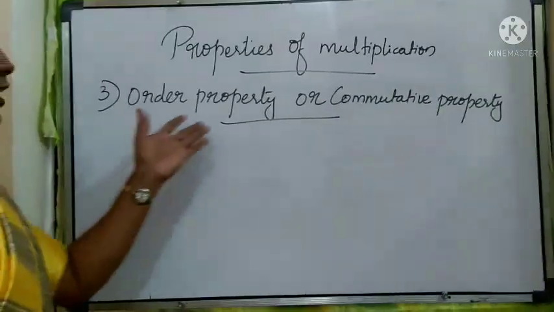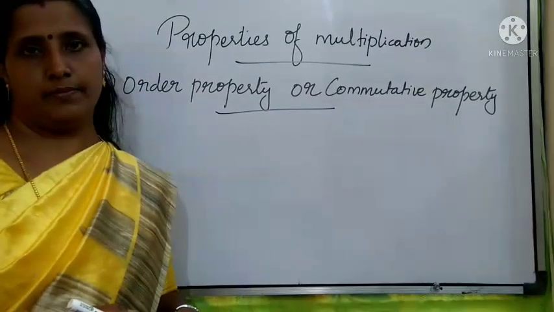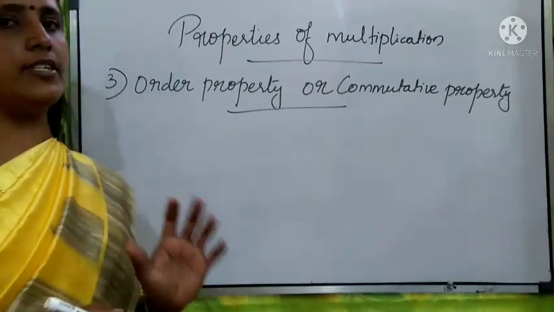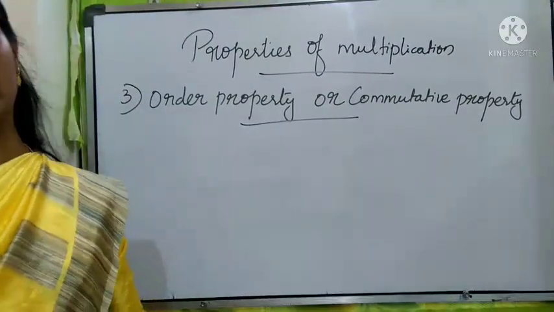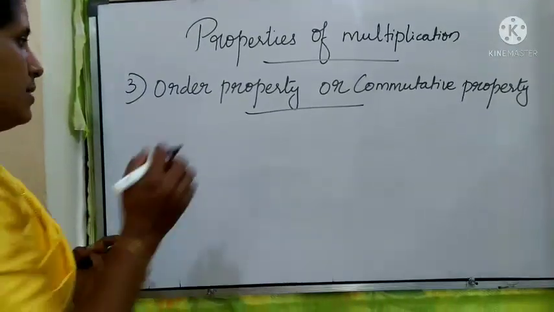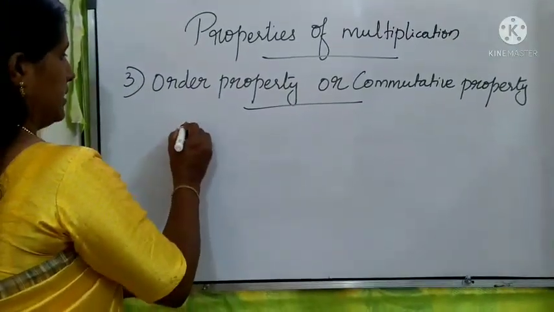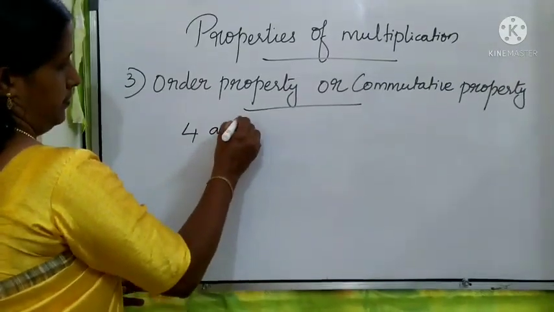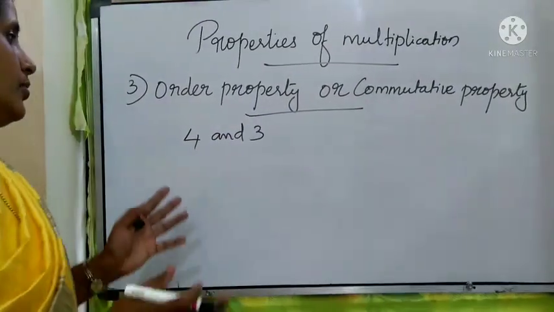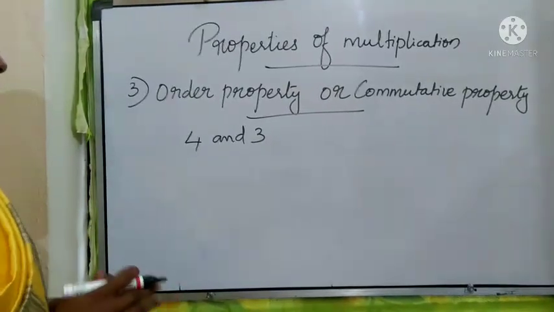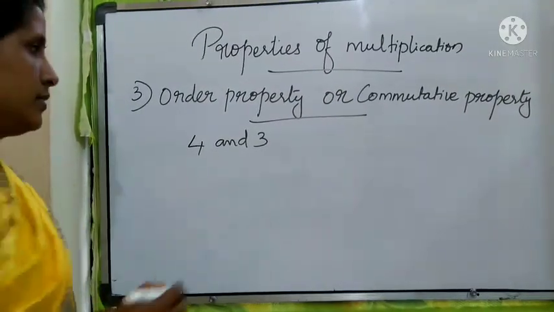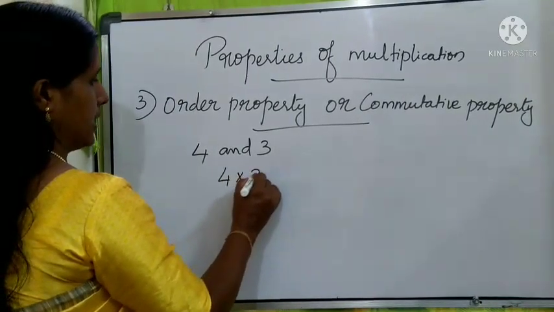The next property is the order property or commutative property. First I will explain using an example. I can take 2 numbers, that is 4 and 3. I need to find the product of these 2 numbers. That is 4 into 3.